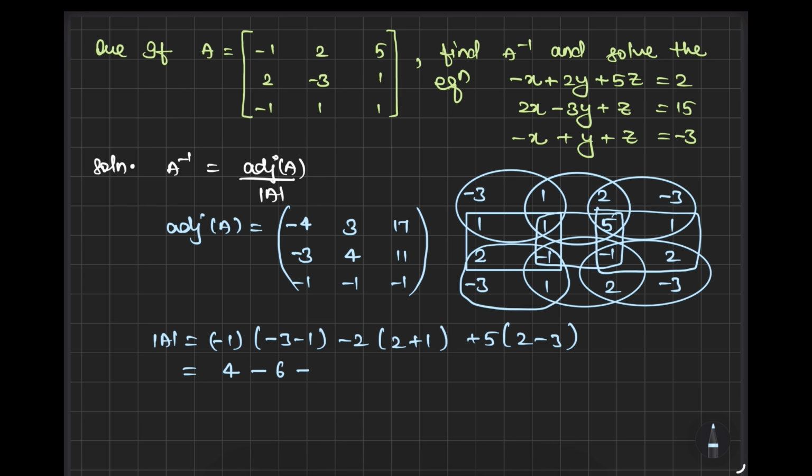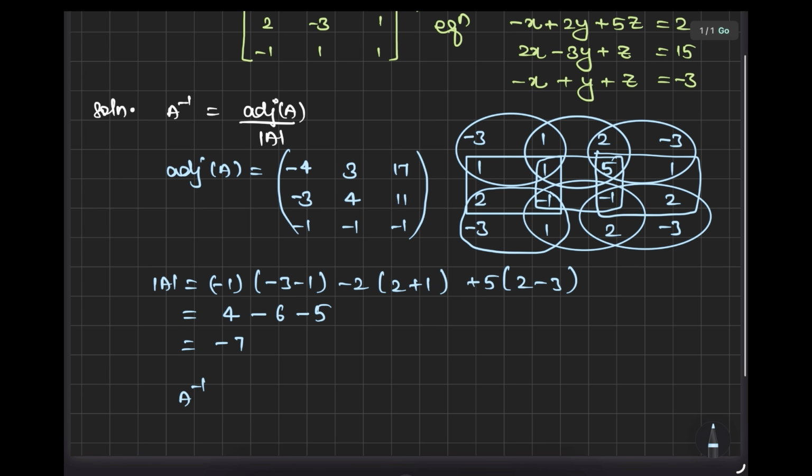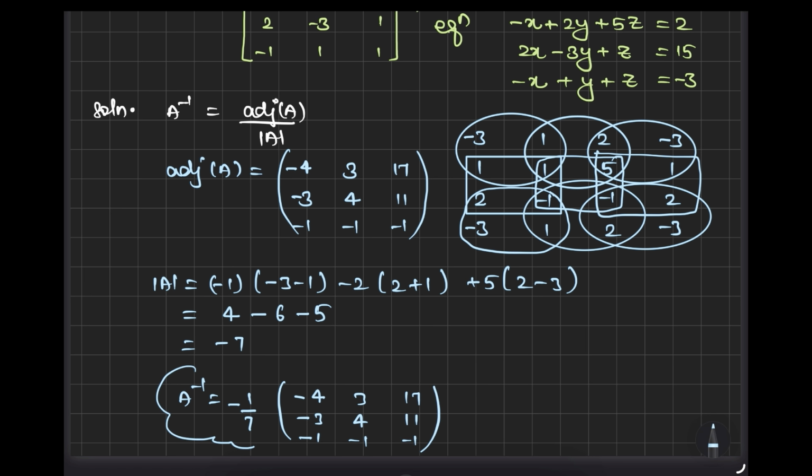And then minus 5. So we got -2 - 7, so it is -7. So directly now you can write A inverse as minus 1 by 7 times the matrix -4, -3, -1, 3, 4, -1, 17, 11, and -1. Okay, so this is your A inverse.